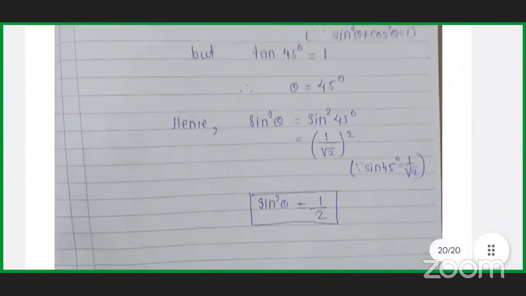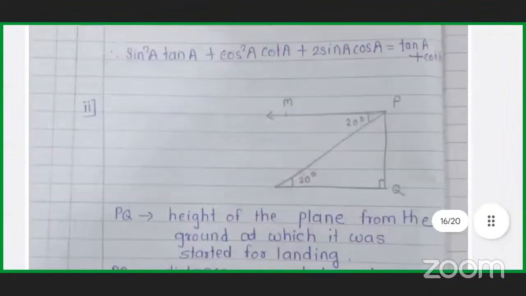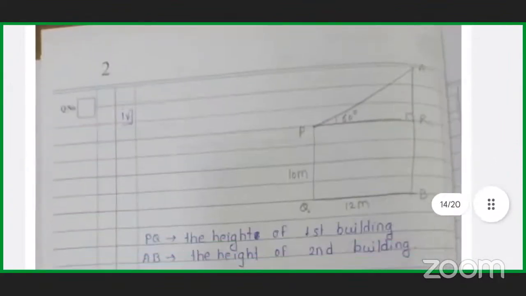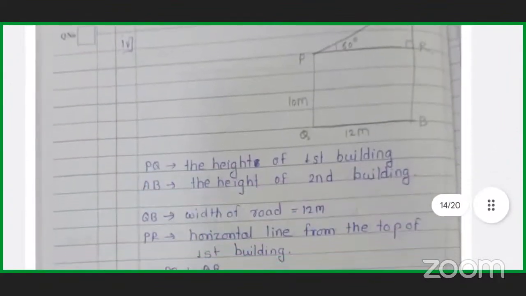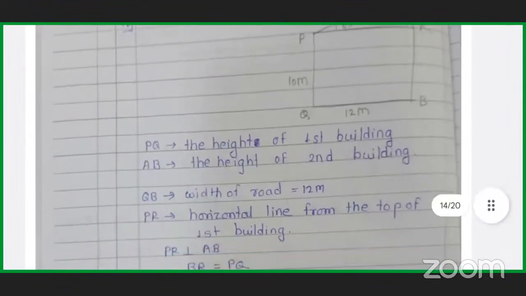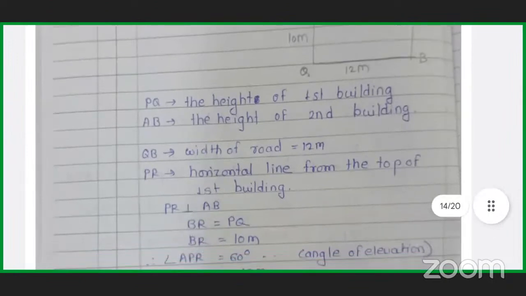So we have discussed the whole question paper. If you have any doubt in any question, just focus here on the trigonometric application question. Here 12 meter is replaced by 15 meters. So the final answer is 5 root 3 plus 10.